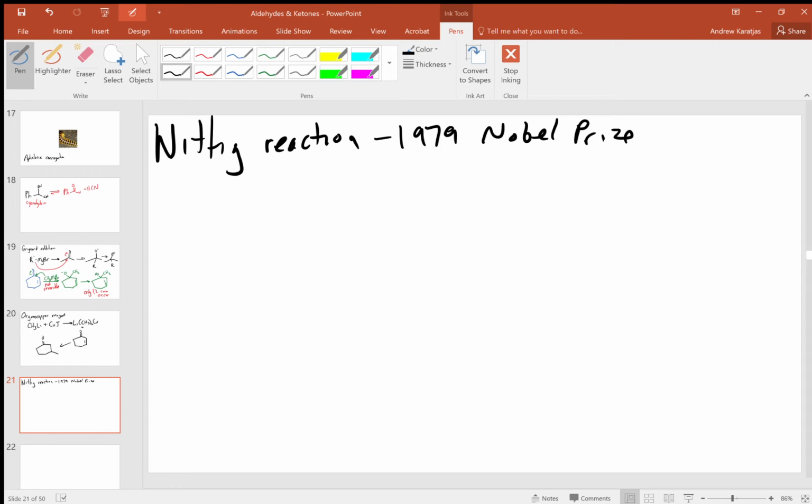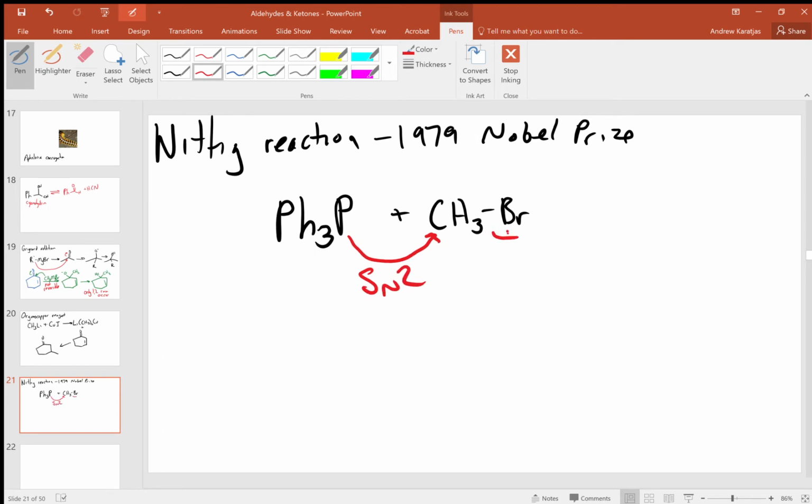So two basic parts to this reaction. The first is that starting with triphenylphosphine, we have to make the Wittig reagent. And this first step is pretty straightforward. The lone pair on phosphorus attacks an alkyl halide in an SN2 reaction.